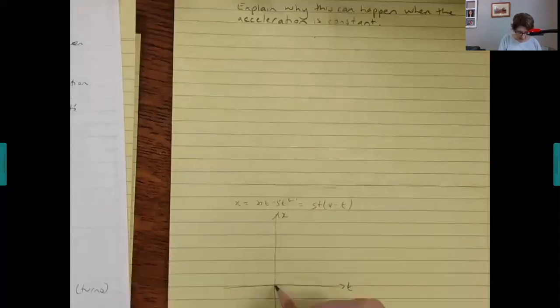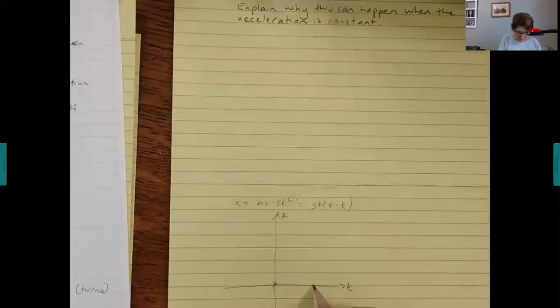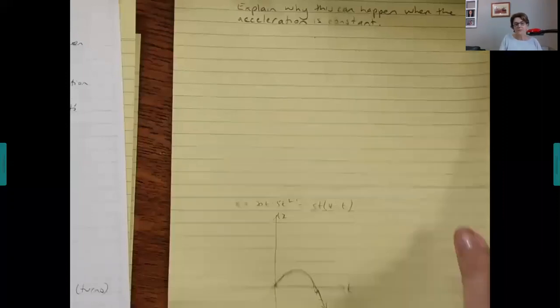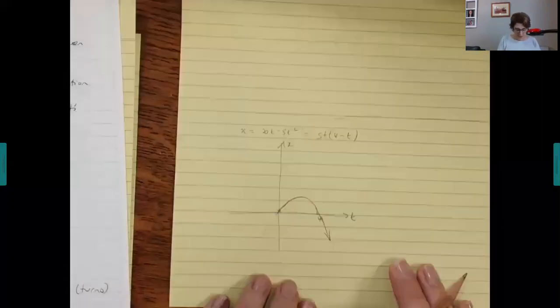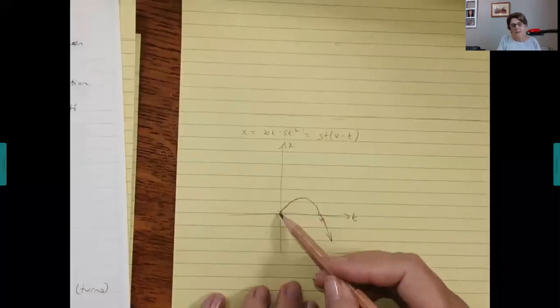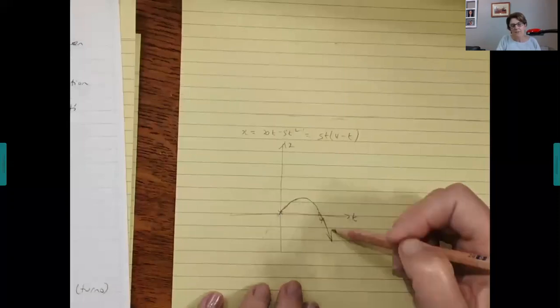So it's going to pass through at 0 and it's going to pass through at t equals 4. But it's a negative, so it's concave down like that. And remember, we're not going to use that section there. We're just going to have this section here. Okay. So that also makes sense for a ball. You throw it up in the air, it goes up to its maximum height, turns around, and now it's coming back down. Okay.